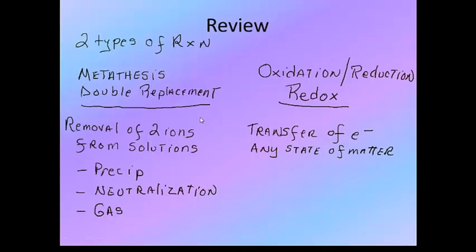Any chemical reaction will fall under one of the two categories. If it's metathesis, it cannot be redox. If it's redox, it cannot be metathesis. Keep in mind, double replacement is a metathesis reaction. That means some of the other reactions we are familiar with must be redox.